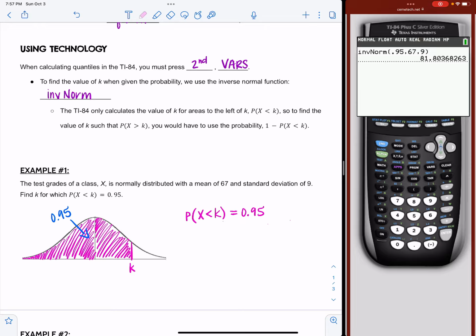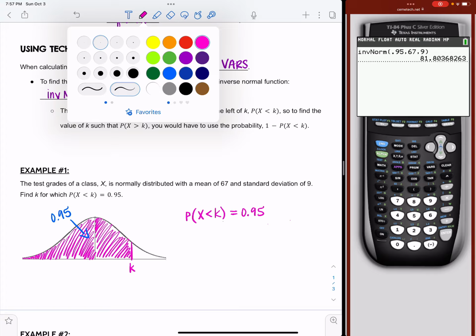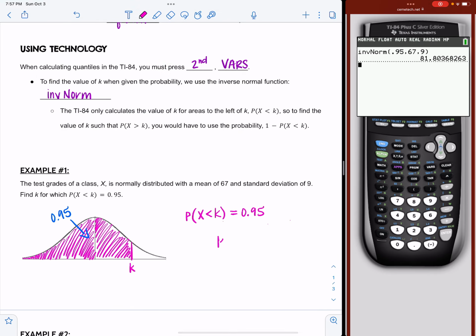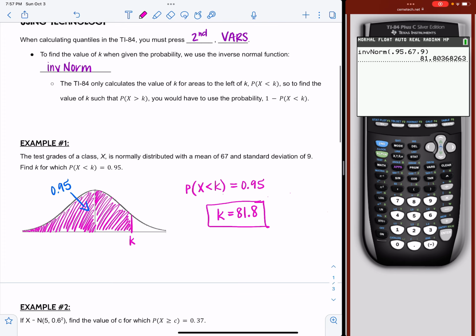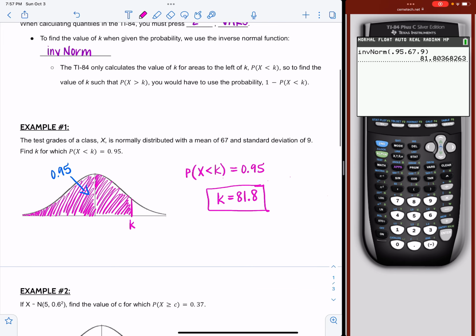And I see that in 3 significant figures, in order for this to work, K has to be equal to 81.8. So that is the value of K, or we can say the test grade has to be 81.8% or higher.